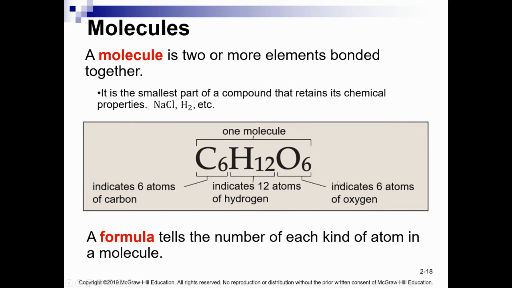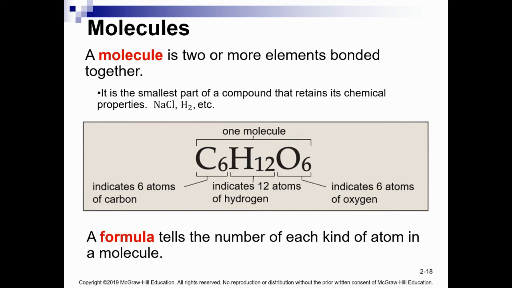C6H12O6 is the chemical formula for glucose. I'm not going to ask you to know a lot of chemical formulas, but you'll want to know that one. A formula tells you the number of each kind of atom that's in a specific molecule. And how these are bonded together, how the atoms in their valence shells are reacting, is called chemical bonding.